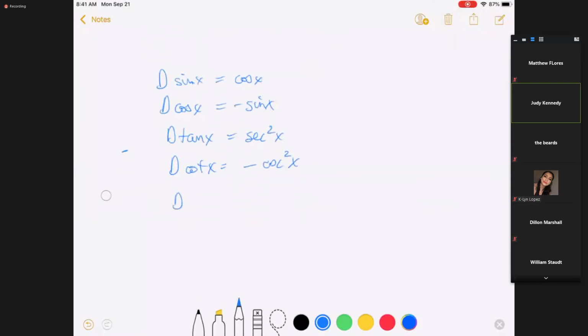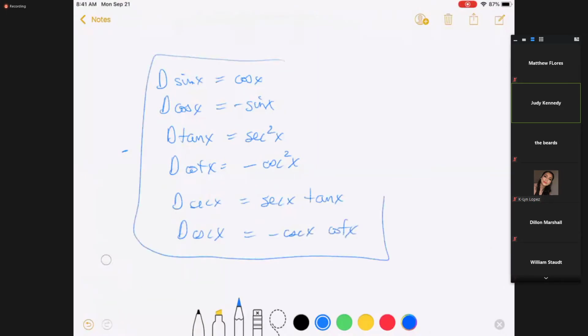The derivative of the secant of x is secant x tangent x, and the derivative of the cosecant of x is minus cosecant x cotangent x. So now we know the derivatives of all the trig functions.